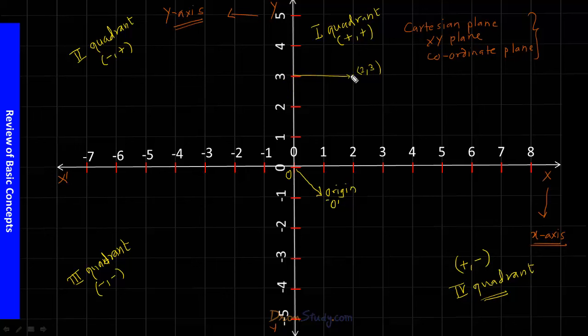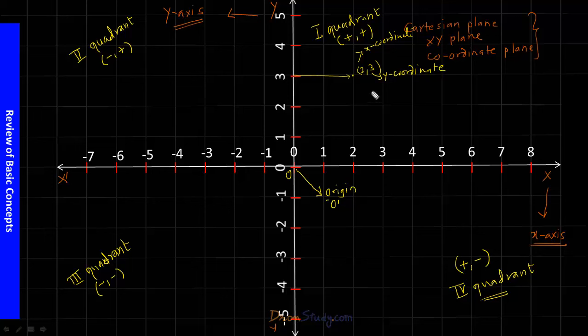So the distance of this point from the y-axis is 2, and so this x coordinate is 2. So then what is the x coordinate? The x coordinate is the distance of that point from the y-axis. And then what is the y coordinate? This is called the y coordinate.